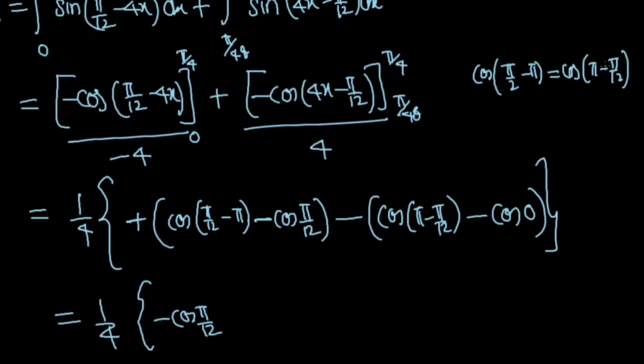So cos of minus theta is cos theta. We can write this as minus cos of pi by 12 is the answer. So this is minus cos pi by 12 minus, and this is minus of minus, plus cos pi by 12, and then minus of minus plus 1.